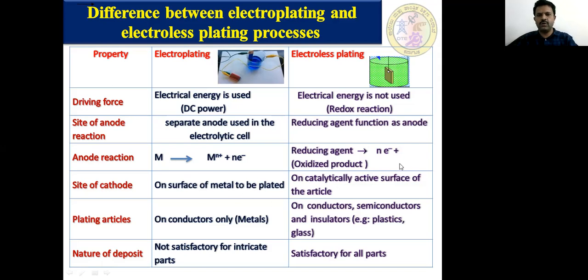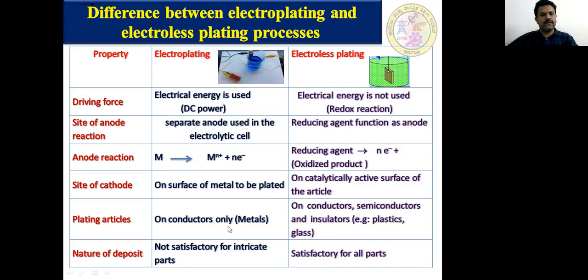But if we come to electroless plating, the reduction reaction occurs on the catalytically active surface of the article. So activation is not required in the case of electroplating, but surface activation is required for electroless plating. Because it's a slow process, activation is required here.